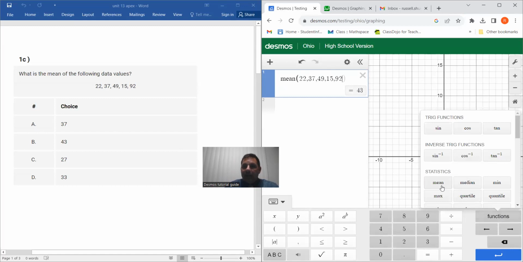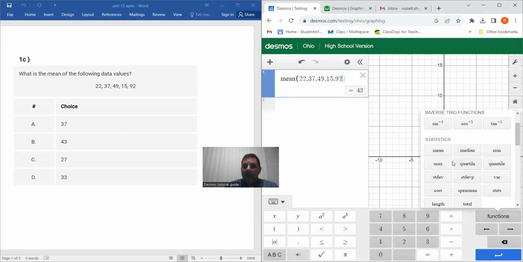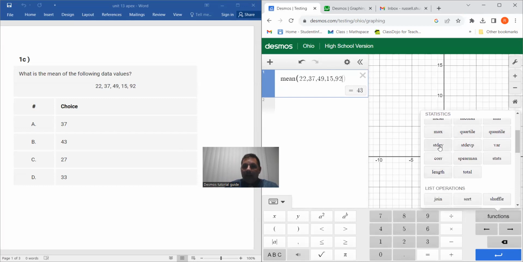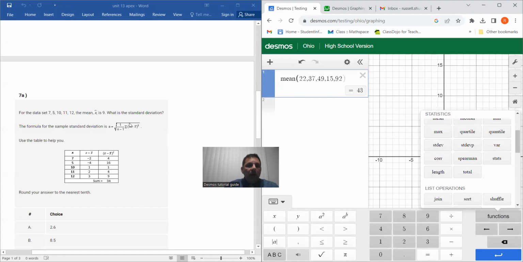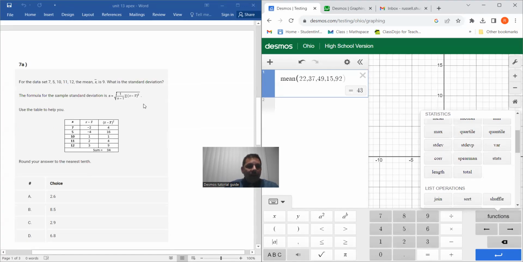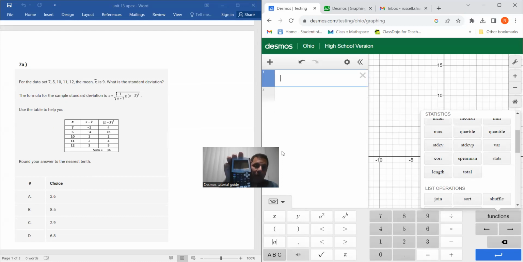Again, just so you see, it'll also do the median. It'll find the minimum, the maximum, as we're going to do in a second, standard deviation. Now, the formula for standard deviation is really, really messy. The good news is because it's programmed into Desmos and it's programmed into the 84s, you never have to memorize or use this formula.